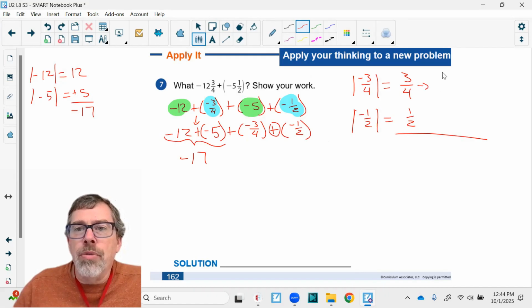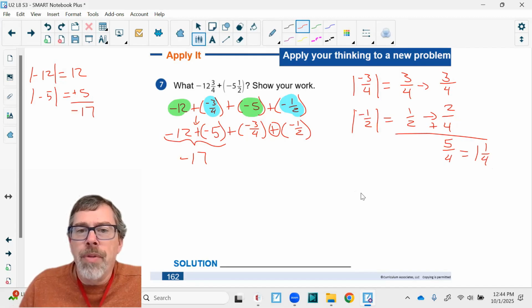So I'm going to leave 3/4 as 3/4, but I need this to be 4. So 2 times 2 is 4, 2 times 1 is 2. So 1/2 is the same as 2/4. So you add these, and now I'm going to get a denominator of 4, and 3 plus 2 is 5. Well, that equals 1 and 1/4. And since both were negative, that is also a negative number.